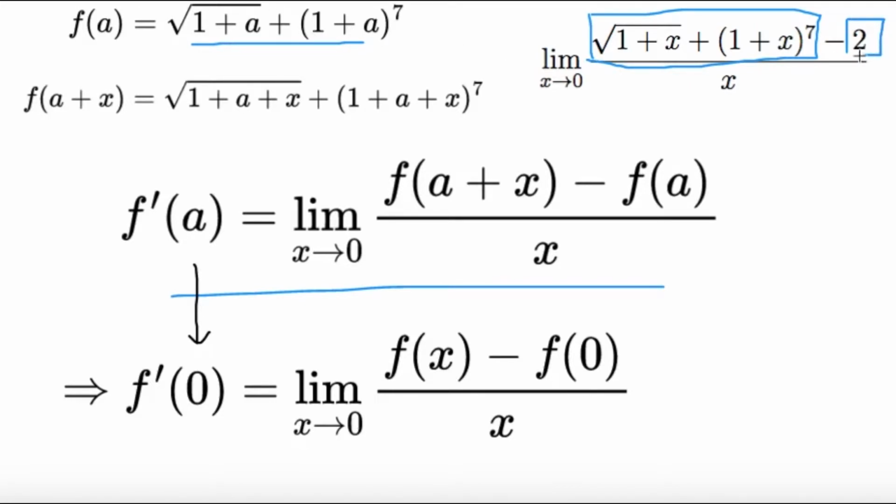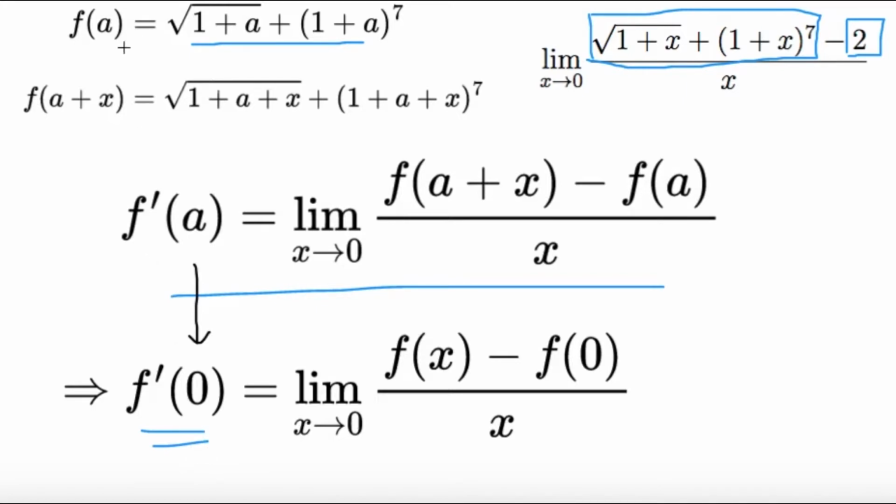So that is the motivation behind creating this function, since I noticed that if I substitute 0, f of a will be 2 if a equals 0. So this is the motivation for it. So I can write our desired limit as a derivative. I know that the limit that we're trying to evaluate is simply f prime of 0.